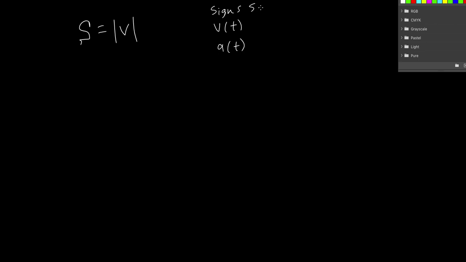So signs are the same, that means increasing. Now if the signs of both of those are different, then our speed is decreasing. Okay, so that's going to be important on this next problem that we do.